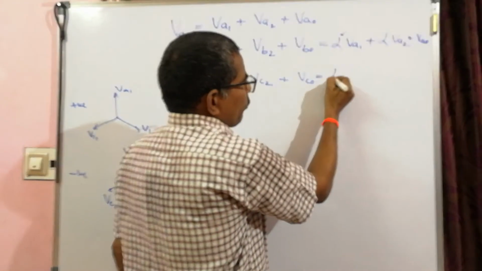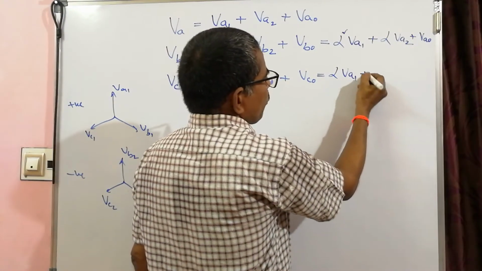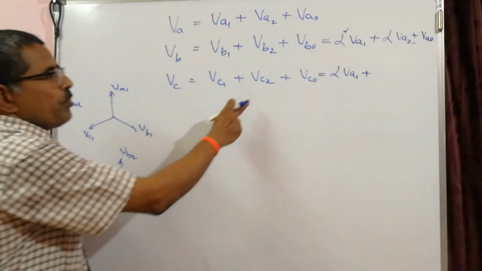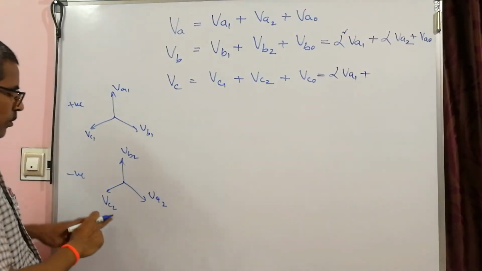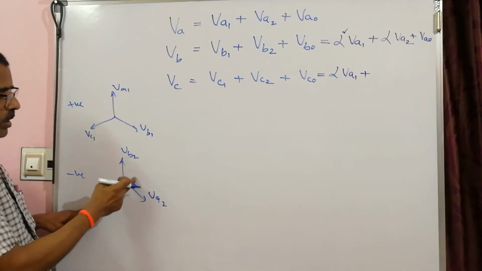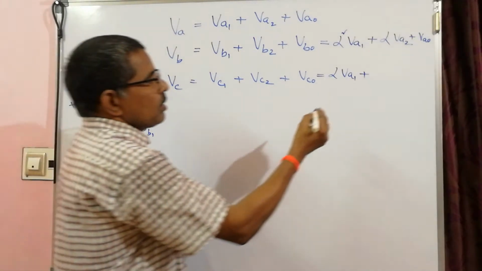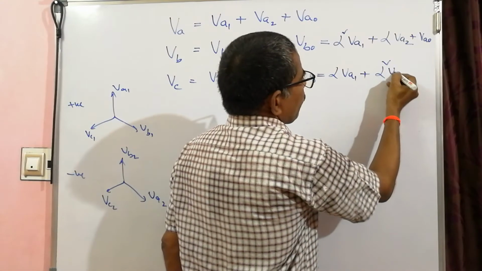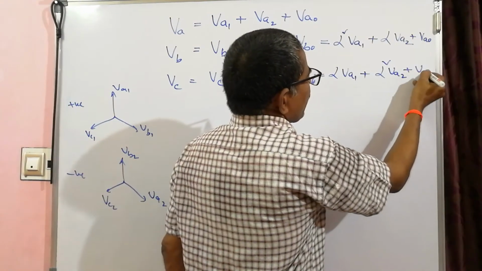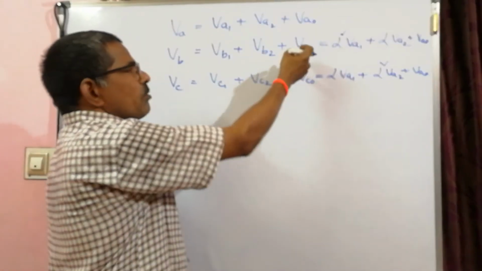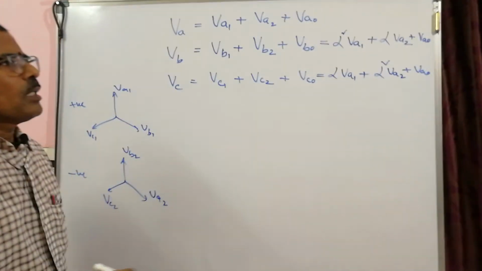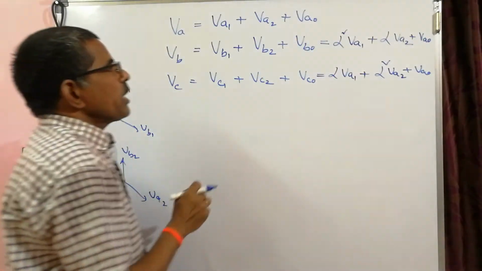So, alpha times VA1 plus VC2 in terms of VA2, this is alpha square times VA2 plus VA0. VC0, VB0, VA0, they are all same. So, this is what the relation is.